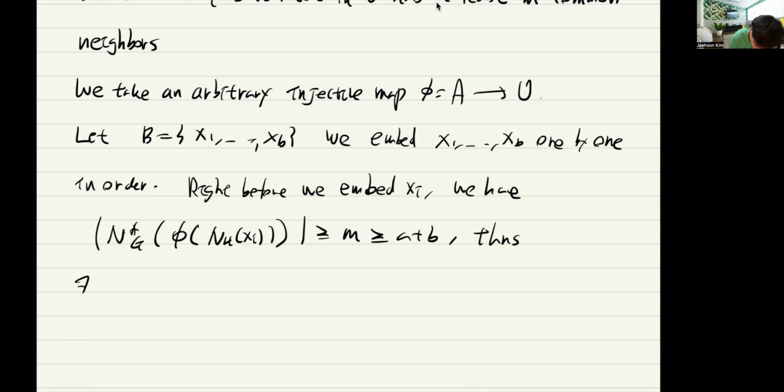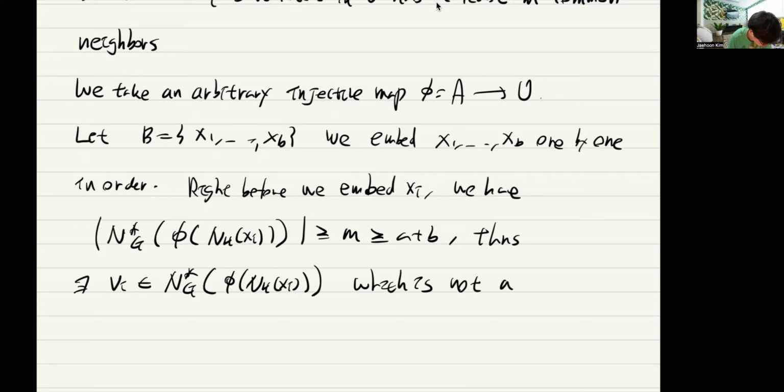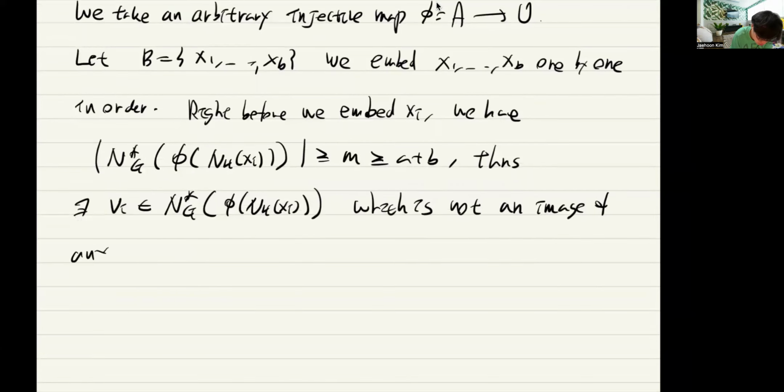Thus, there exists a vertex di in here, which is not an image of any vertices in either A or the previous vertices x1 to xi minus 1.